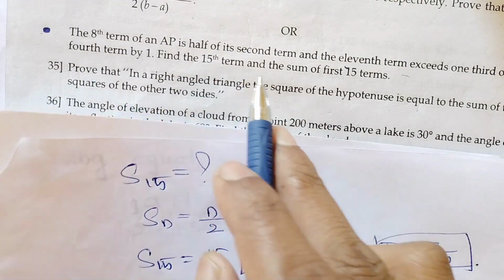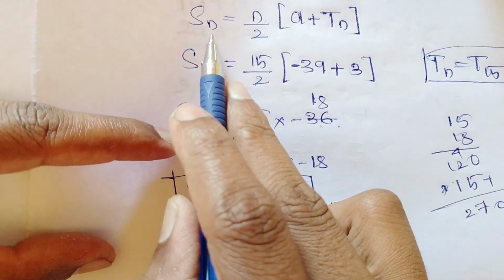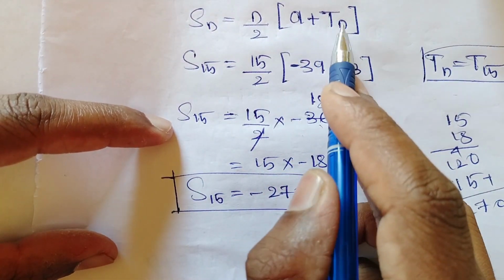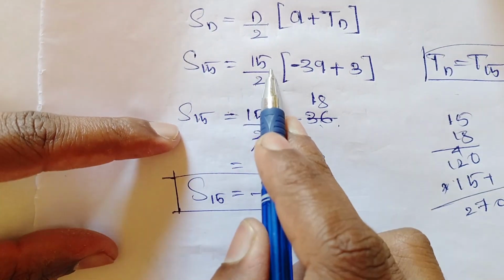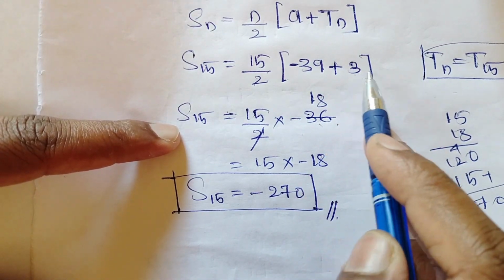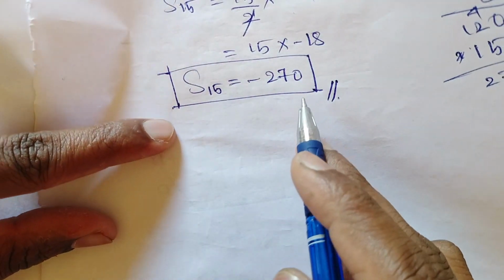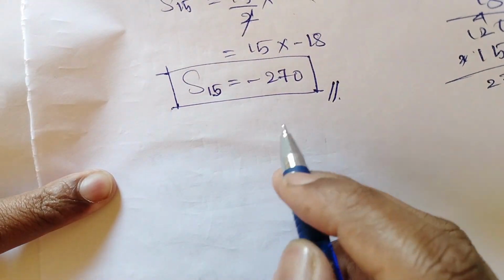That can be found using the formula Sn equals n by 2 into bracket a plus last term Tn, where n is 15 and the last term number 15 is 3. Substituting, we got the sum of 15 terms as minus 270. Okay, this is the answer.